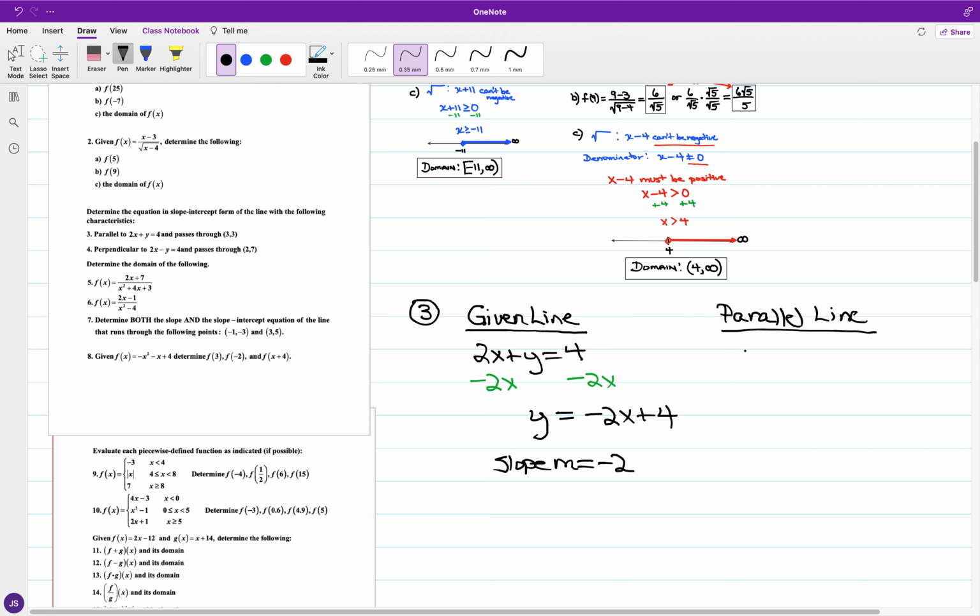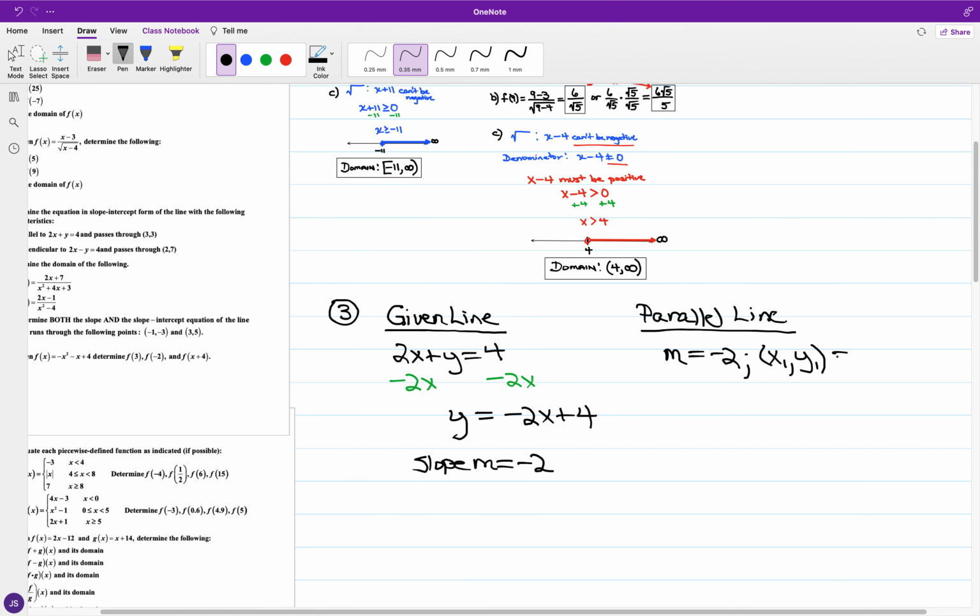So the parallel line has the slope at negative 2, and the point through which the parallel line passes is 3, 3. And we have enough information to go ahead and create the point-slope equation pathway to finally determine the slope-intercept equation.